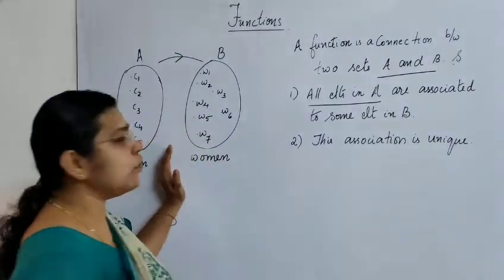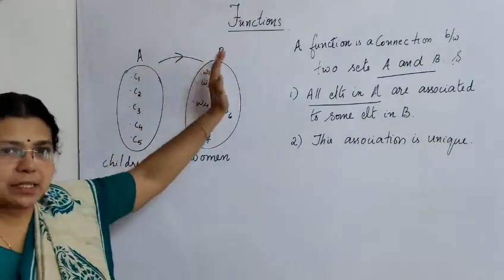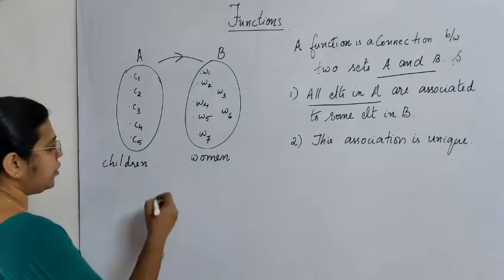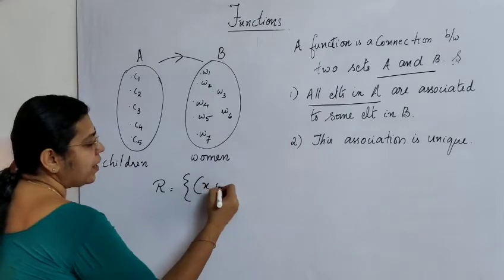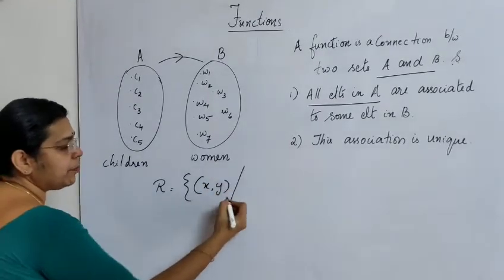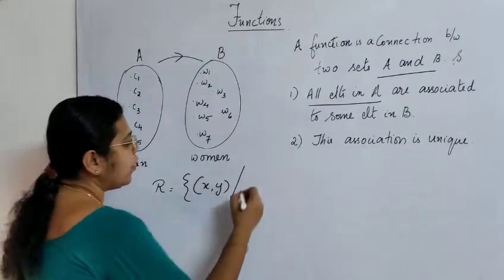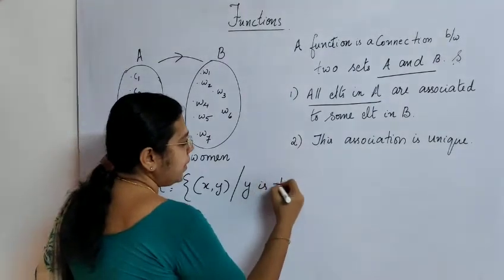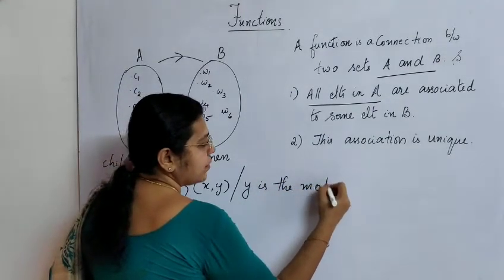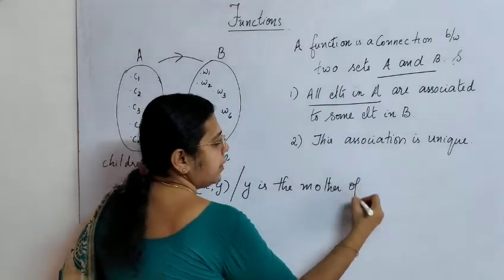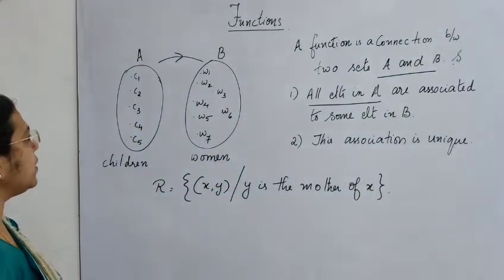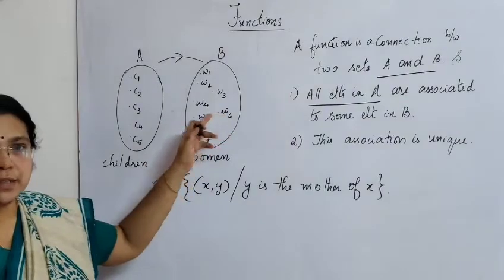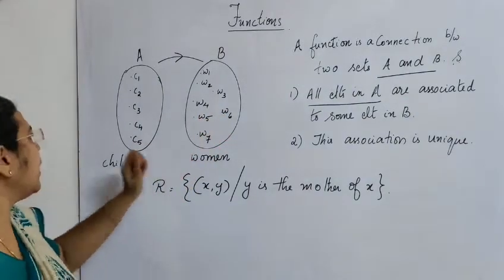I have taken two sets, set A and set B. I have a relation R defined as R is equal to the set of ordered pairs (X, Y) such that Y is the mother of X. I am trying to explain this in this diagram, which is called an arrow diagram.